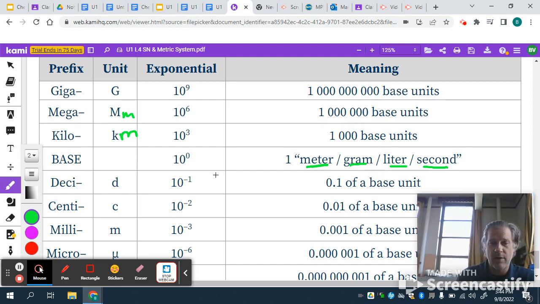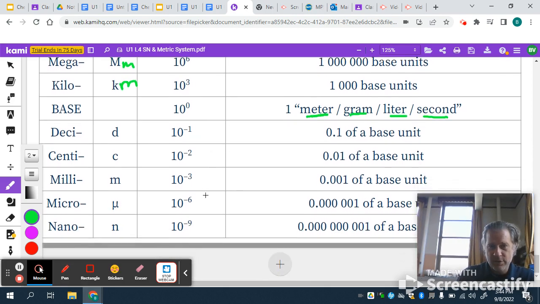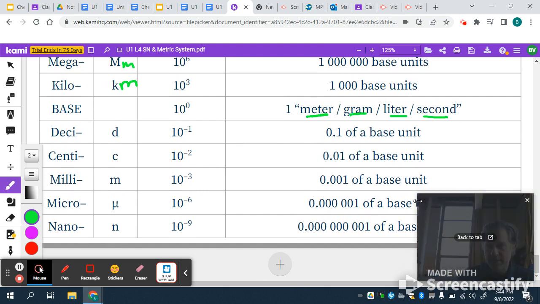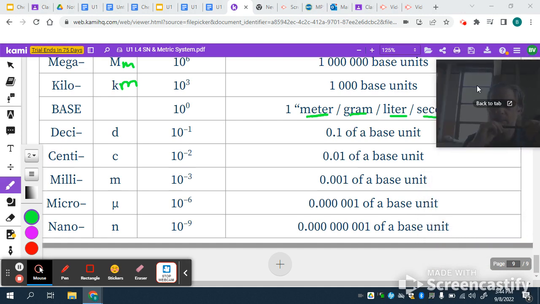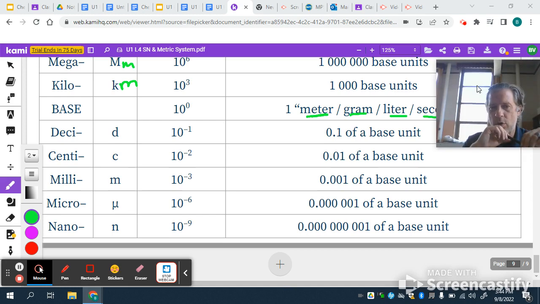So that's what those prefixes tell us, and we're going to work with that in a worksheet in the future. We also have numbers that are smaller than 1. So we have things like the decigram, which is a number that's smaller than 1, and we have the centigram, which is 0.01 of a base unit. We have the milligram, which is 0.001 of a base unit.